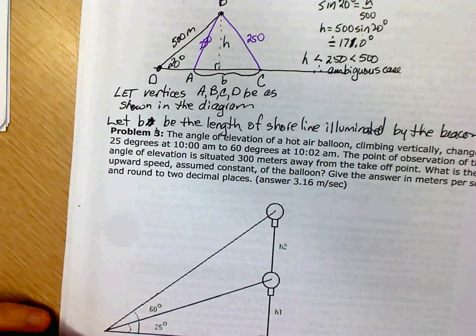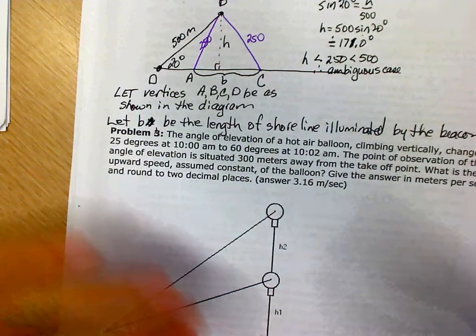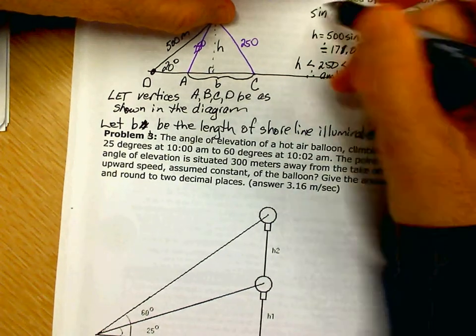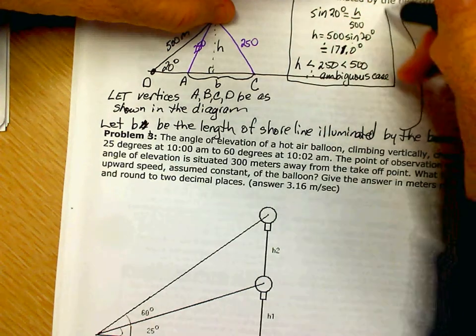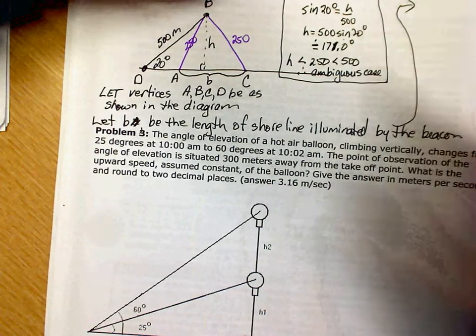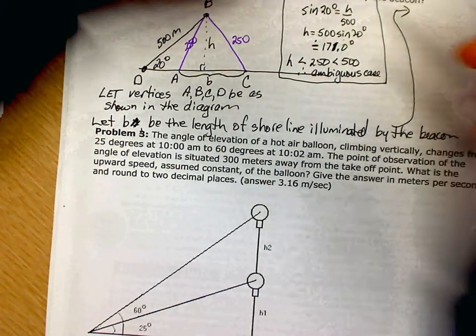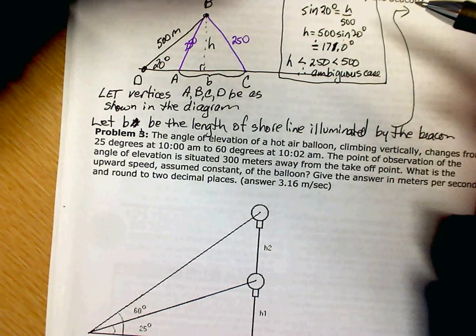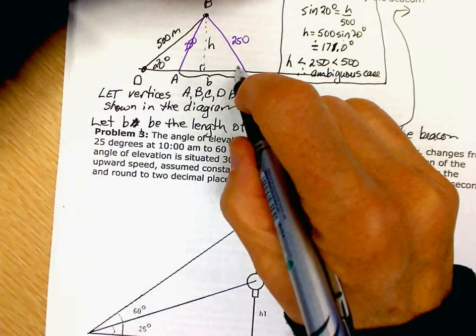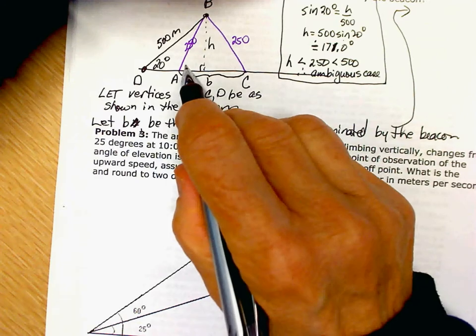So let's do our job, and we'll calculate that. This is sort of our rough work. We're proving that this situation exists. Here's our let statements, and let's do our solving. We need this angle, which is easy, right there.